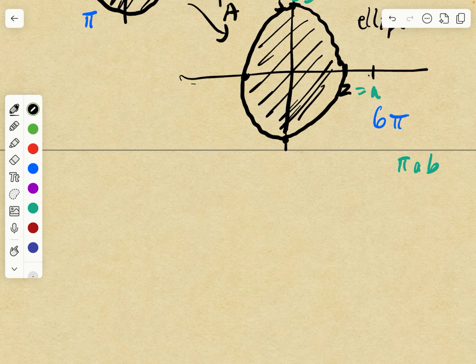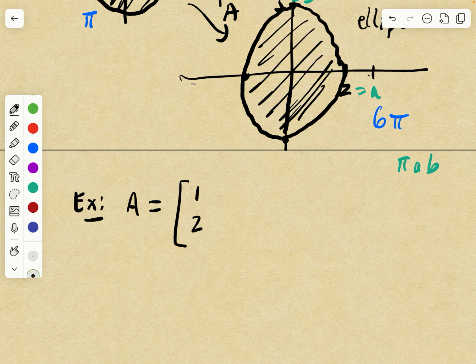And we can also apply this to areas of parallelograms, because what happens is, let's say you have this matrix A, which is 1, 2, -1, 3.